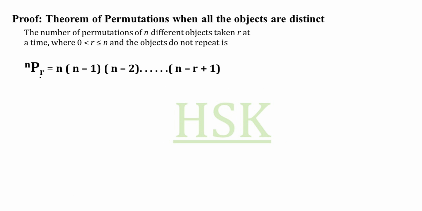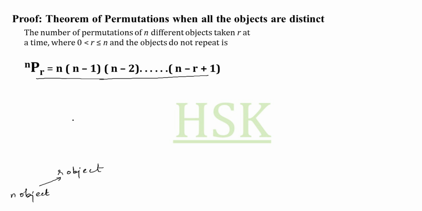Now we are going to see how this result is obtained. For this we assume that we have n objects. We select r objects from it. Since we have to arrange them, we are going to arrange these objects in some places, or we are going to number them.